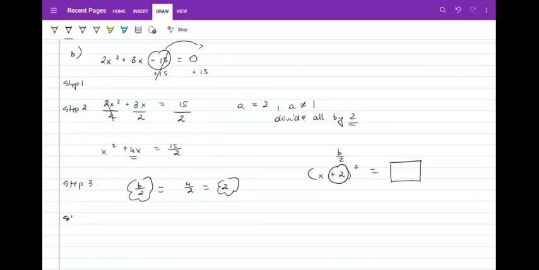So step 3, add to both sides b over 2 squared. So b over 2, it's 2. 2 squared, it's equal 4. So we're going to add 4 to both sides.